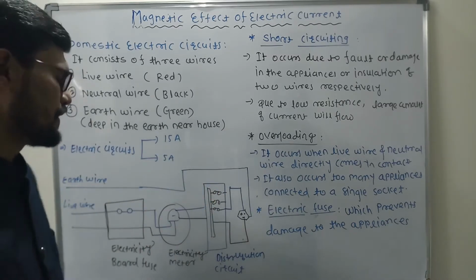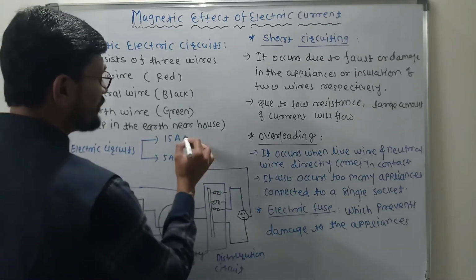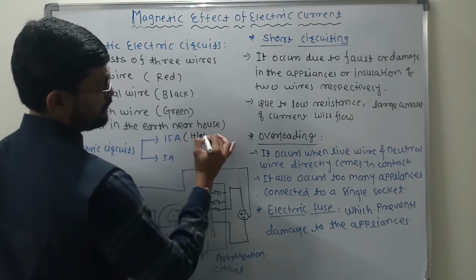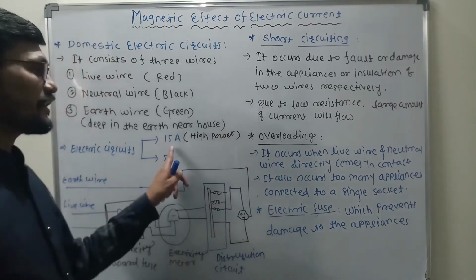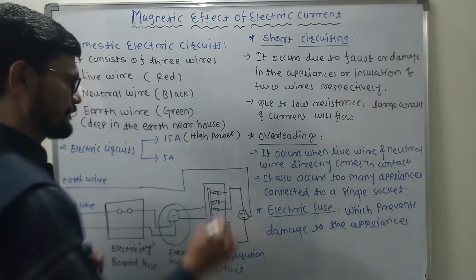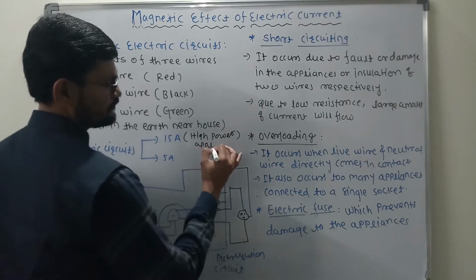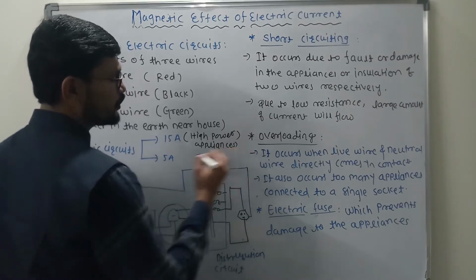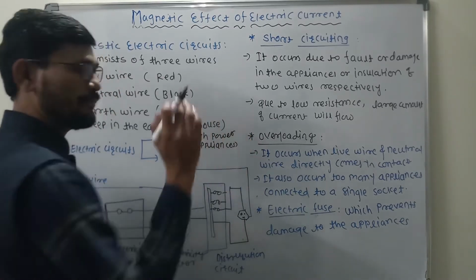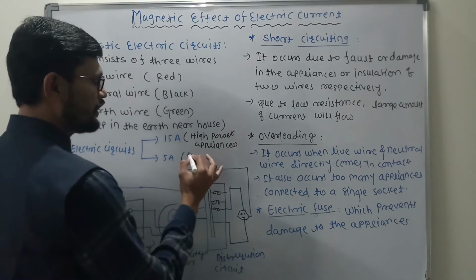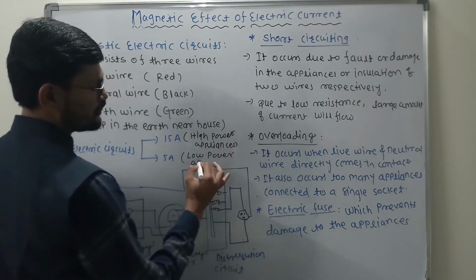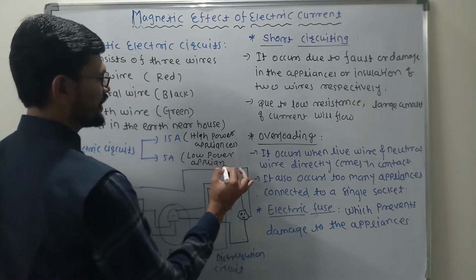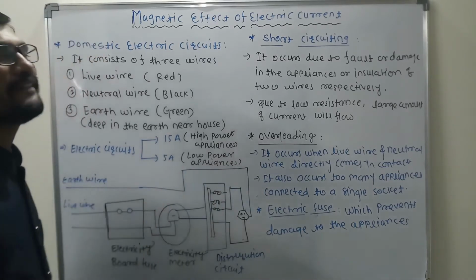Now, whenever we talk about the domestic electric circuit, it has two types of circuits at all times. If you are using high power appliances, those which require high power, they are connected to the 15 ampere circuit. Those which work on low power can be connected to the 5 ampere circuit.